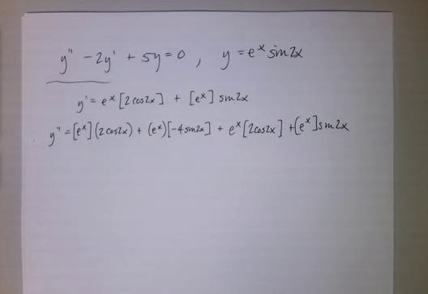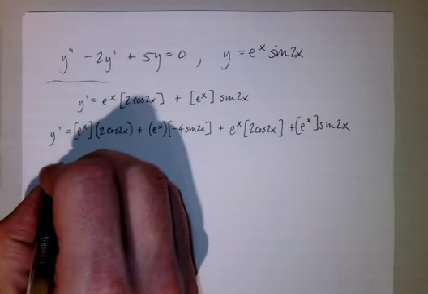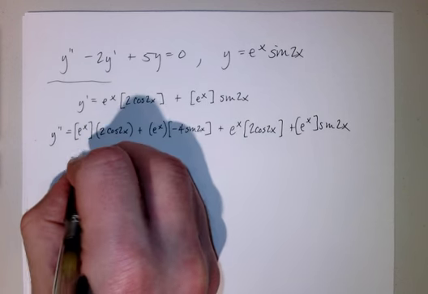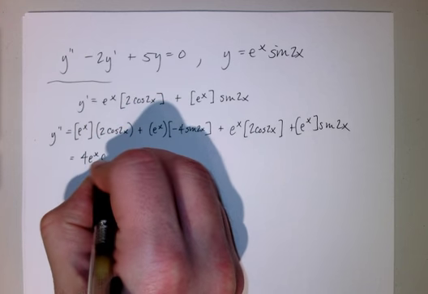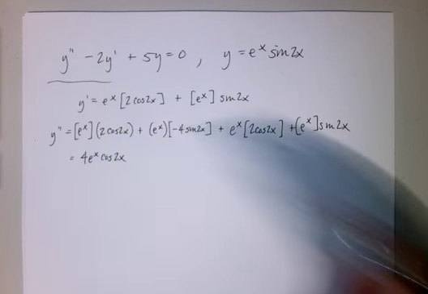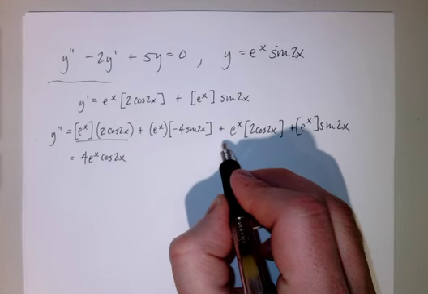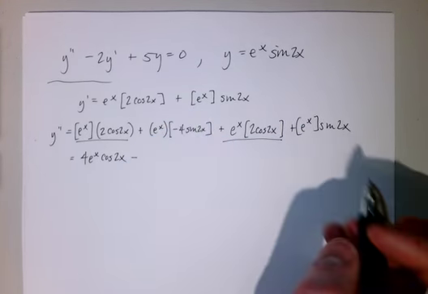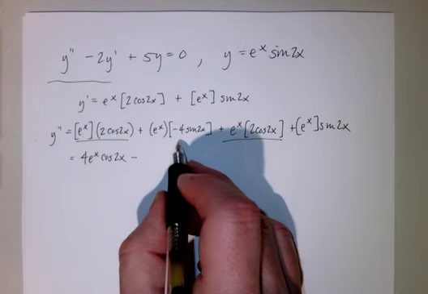plus e to the x sine 2x. Okay, well that's kind of obnoxious, but we can sort of combine things and make it a little bit easier on ourselves. That's going to be 4 e to the x cosine 2x when I combine this term and this term. And then the next one is going to be, well, this one is going to be -4. That one's going to be +1.